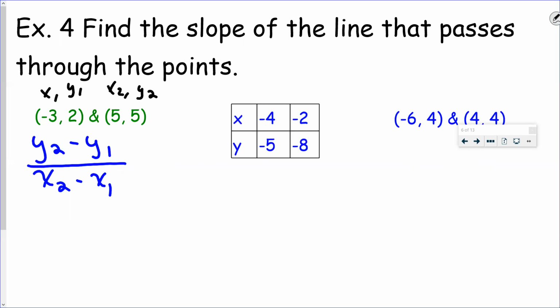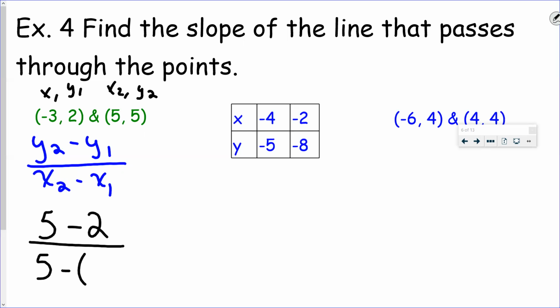And now we use substitution. We plug in. For y2, we're going to plug in 5. For y1, we're going to plug in 2. We're going to use the minus. We're going to draw our fraction bar, all over, and then we're going to do x2. So we're going to identify x2 as 5, and then minus x1, which is -3.